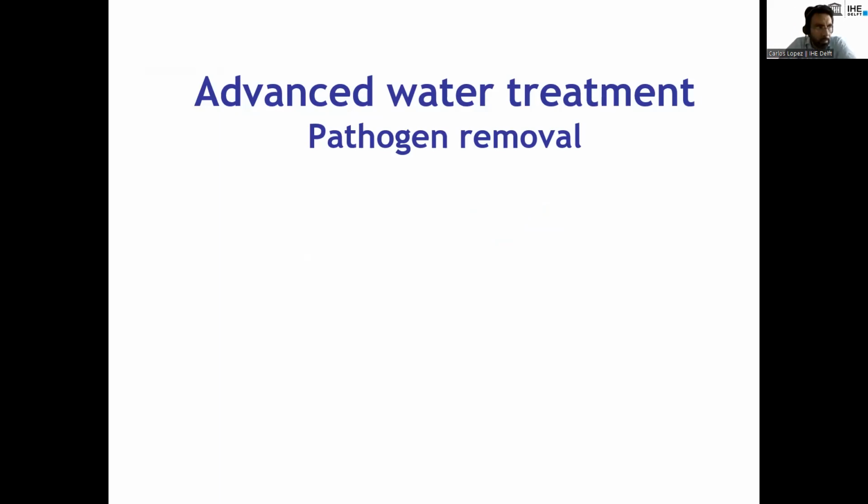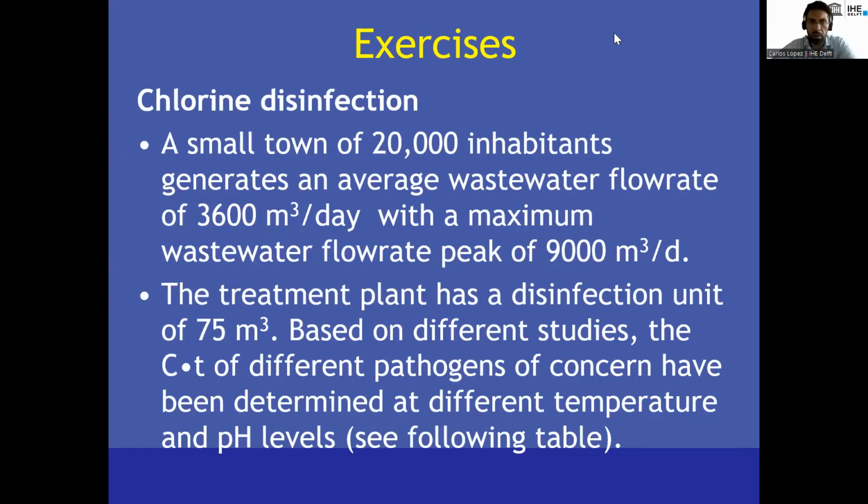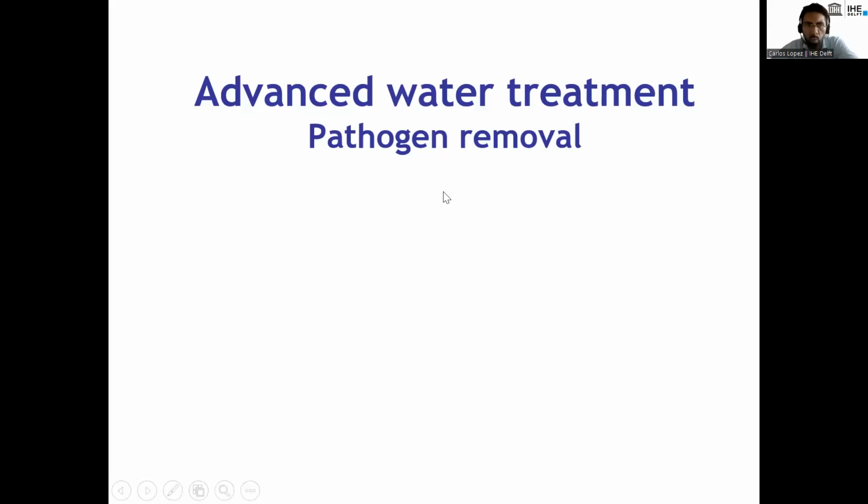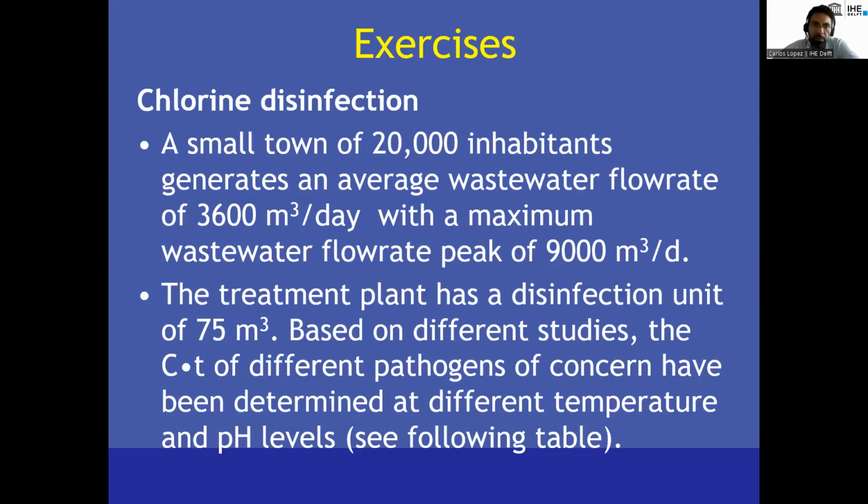Now, based on what we have seen, in the next period we are going to do some estimations for the removal of some pathogens. What can we use to get some preliminary estimations of the removal of these pathogens?